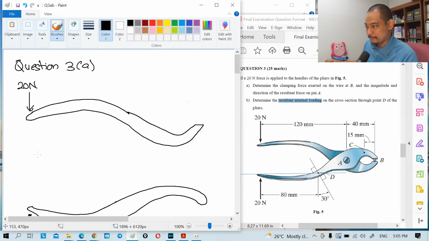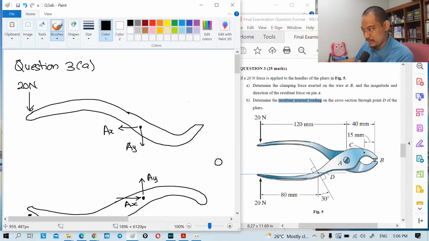Then at the middle here, we have a corresponding pin A. Let's just assume AX, AY, so it will be corresponding AY, AX. Then here, if you consider the wire B, it is being clamped.